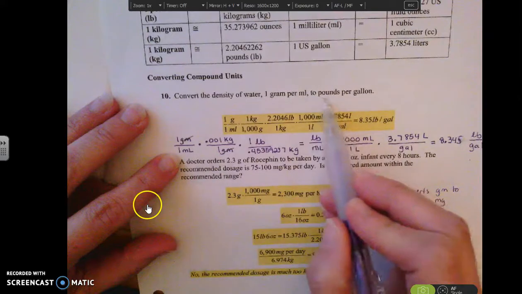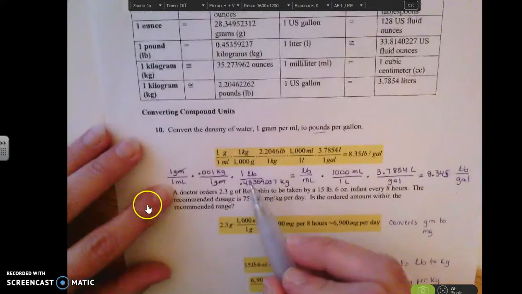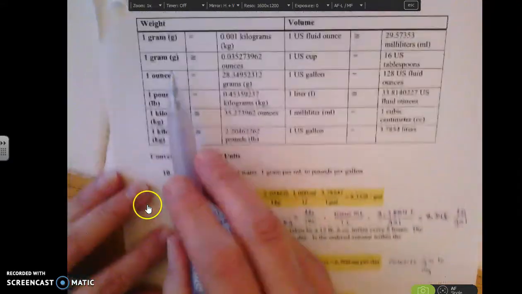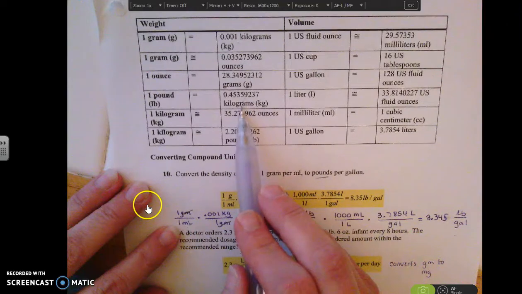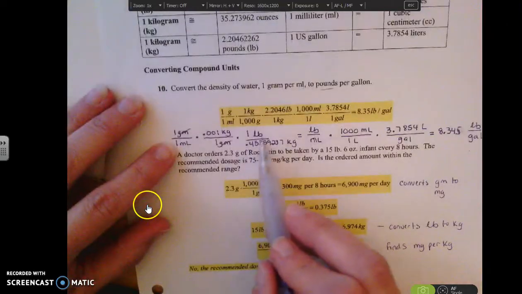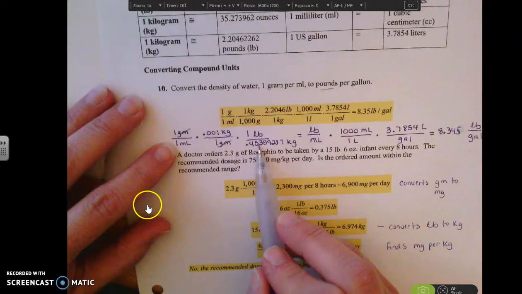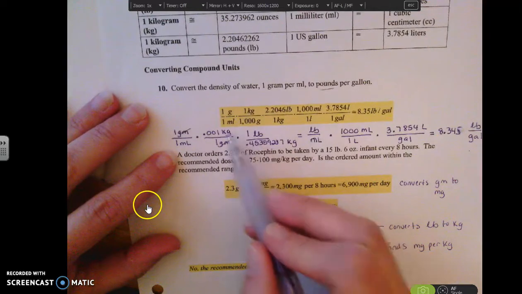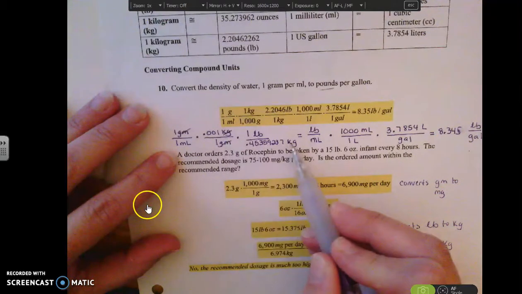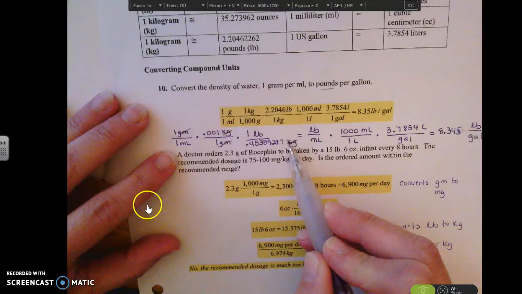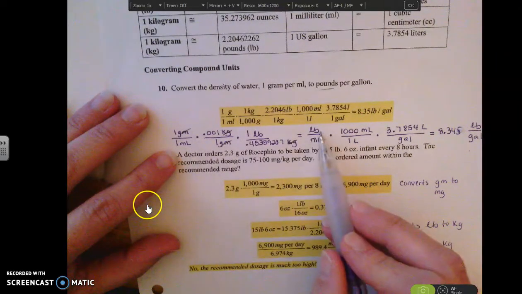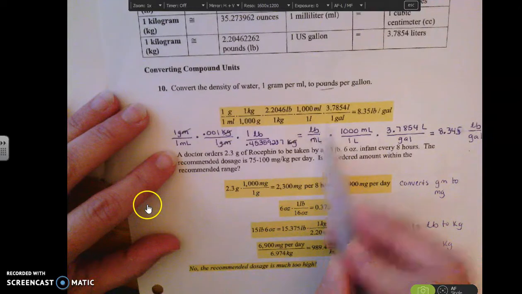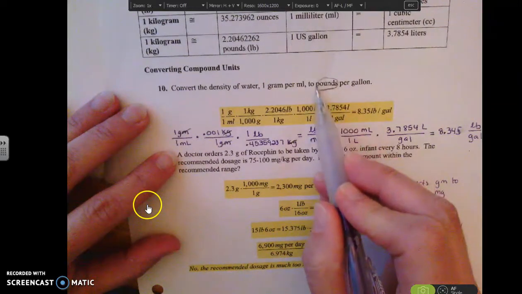Well, I need to get pounds. So I do it again and I see that 1 pound equals 0.45359237 kilograms. So I do it this way, pounds over kilograms, and I specifically do it that way so that the kilograms will now cancel out. Now when I do this multiplication, I will be left with pounds over milliliters. So I got the pounds that I need.